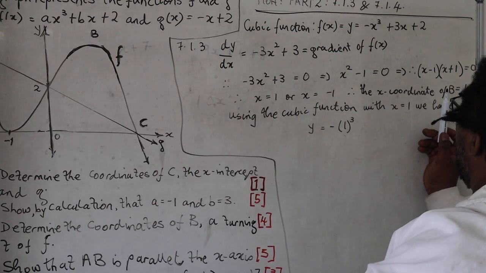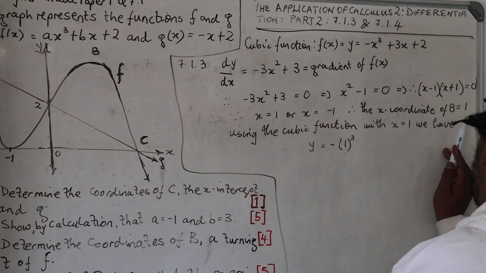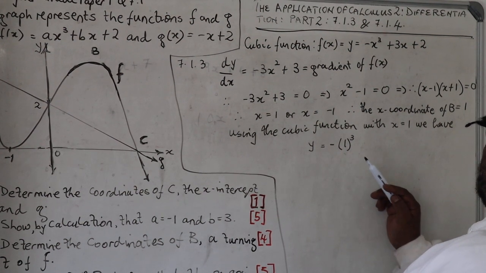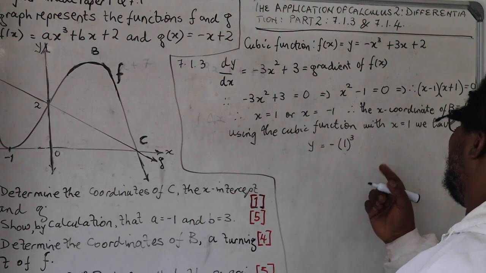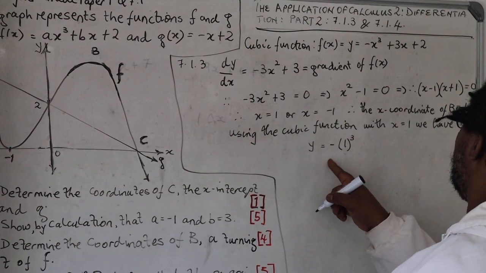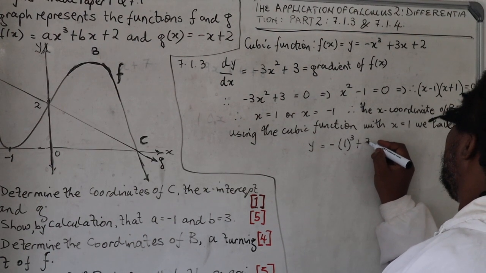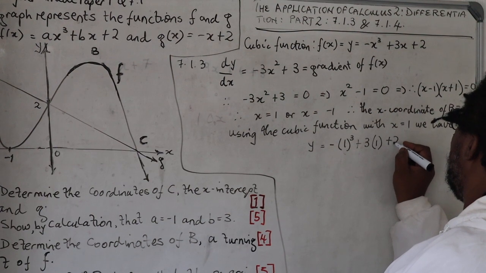It's a minus which stands alone, and the x which stands alone, so our x is 1. Don't put the minus in the bracket, and if you have a square there, you might end up with the wrong result. So it's a minus bracket 1 to the power 3 plus 3 bracket 1 plus 2.